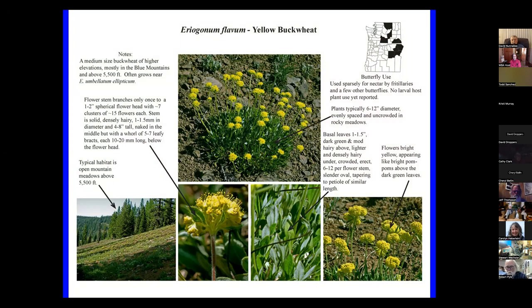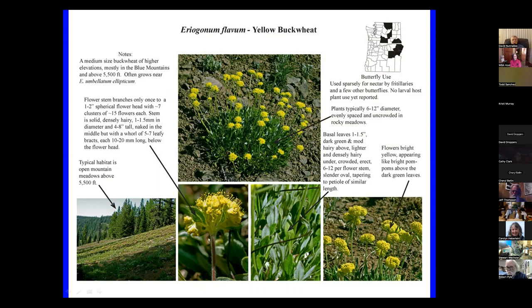At first glance, this looks a lot like the sulfur flower, Eriogonum umbellatum, but if we look closer, there's some significant differences. One is that on each flower stalk, each stem, there's only one flower head, one cluster of flowers. And they tend to look kind of like little pom-poms. They're quite tidy looking, as you see in the bottom right picture there.